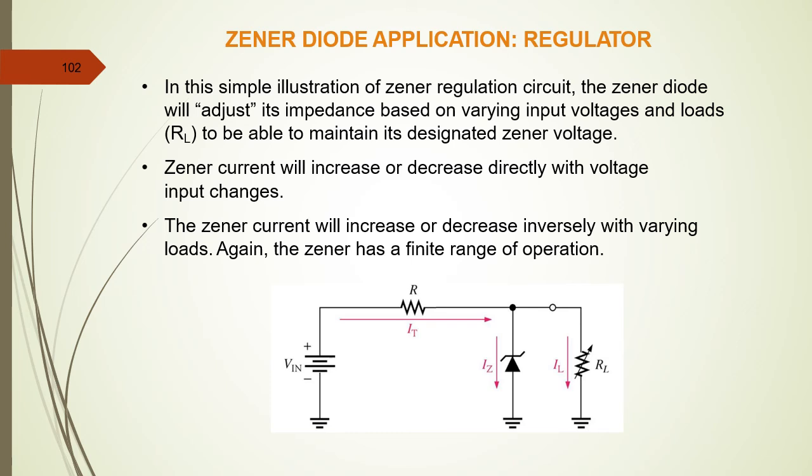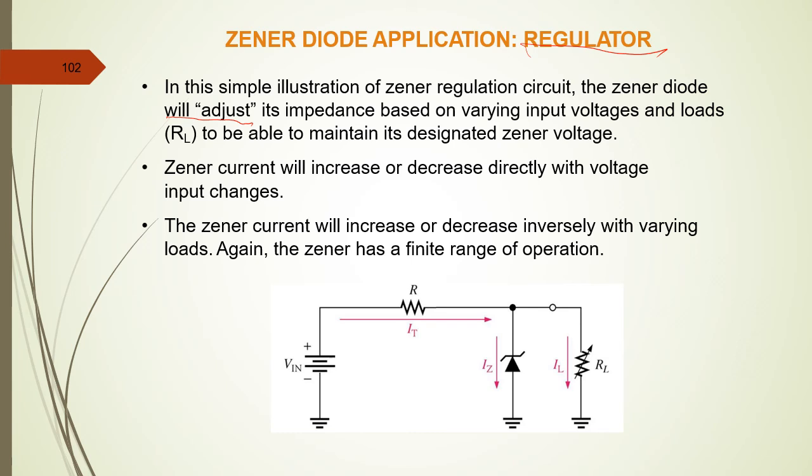One of the applications is as a regulator. In this implementation of a Zener regulation circuit, the Zener changes its impedance based on varying input voltages and loads to be able to maintain its designated Zener voltage.